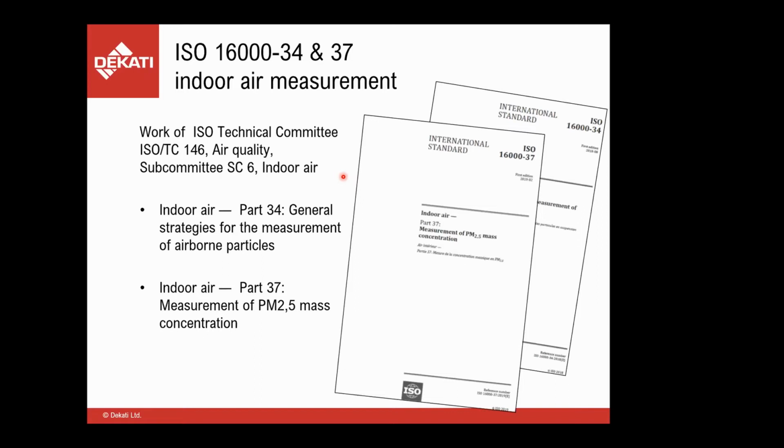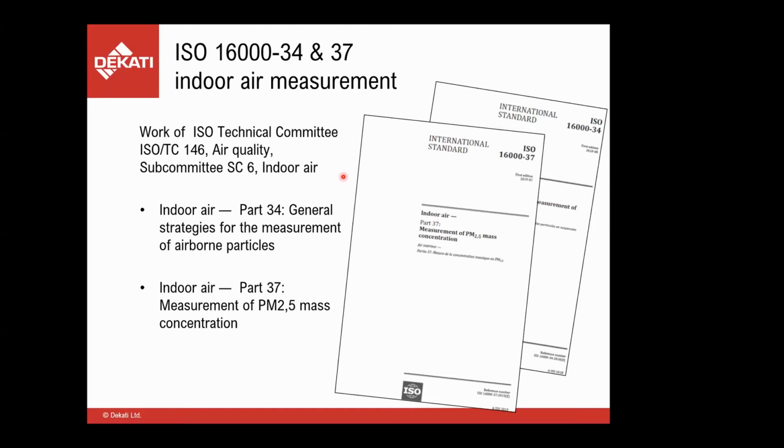So first, to talk about the standard itself, this is an ISO technical committee standard from the technical committee 146, air quality, and subcommittee 6, indoor air, and it's in two parts, part 34 and 37. Part 34 discusses general strategies and guidelines on how to measure indoor air quality in terms of particles.